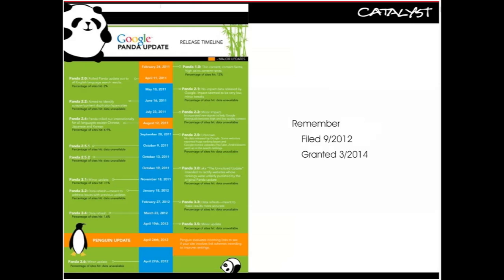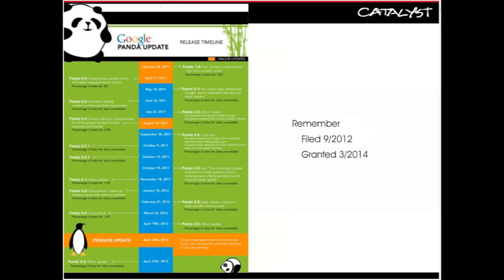I know the infographic is a little bit small, but this is a chart from 2011 to April 2012, where it would have a timeline of all the Panda updates. And you can see that even though the patent was submitted to the U.S. Patent Office in September 2012, the actual announcement that the algorithm was in place was 2011.